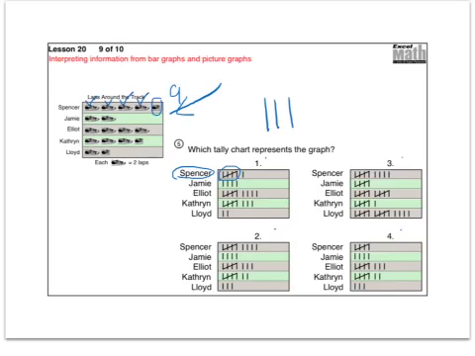When you go 1, 2, 3, 4, your next one goes across like that, and that's a bundle of 5. So here's 5 represented, and then one more, so that's 6. And Spencer has 9 up here on the graph, so that couldn't be it right there.